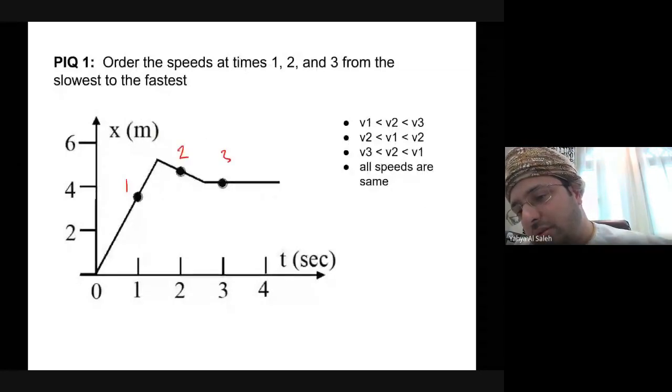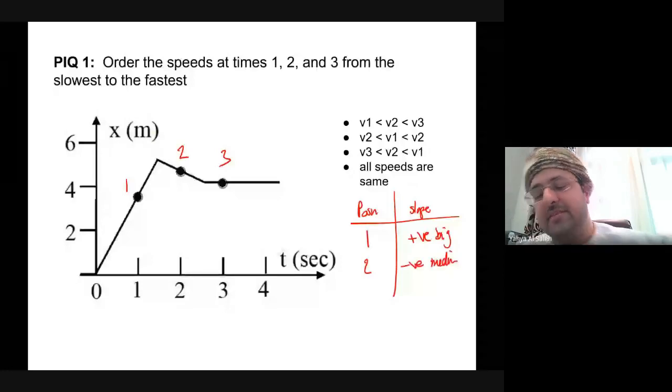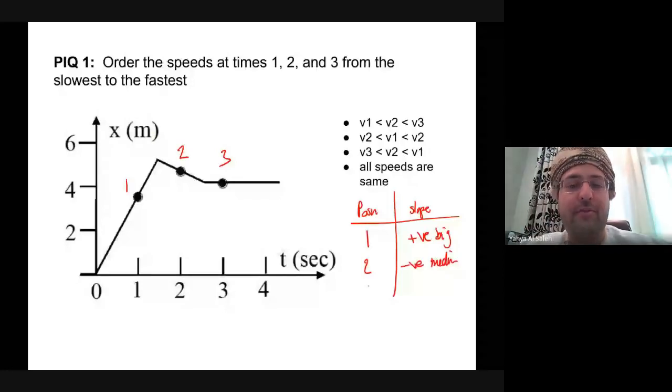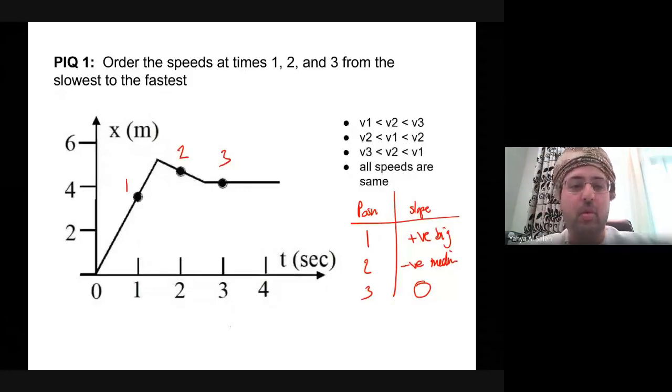At position 1, our slope is positive, big. At position 2, our slope is negative, medium. And at position 3, our slope is simply 0. So in order from smallest to biggest, 3 is smallest, then 2, and the largest speed is at number 1.